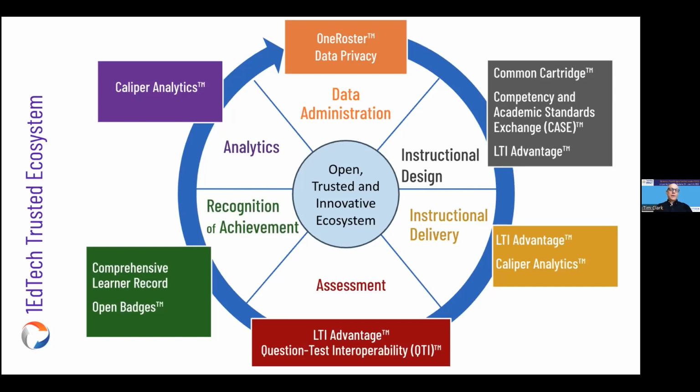So now with our comprehensive learner record, student achievements can be compiled into a wallet that can travel with them from one learning environment to another learning institution, where they're able to show what they know and what they can do with these achievements and open badges. Which is another way of stacking skills together and showing achievement through the awarding of badges.